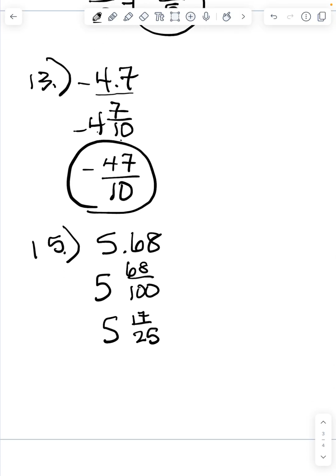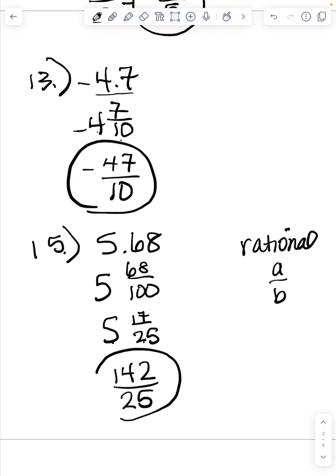Now we're going to make this into an improper fraction, because remember, a rational form is always the form a over b, as long as b is not 0, but there's no number in the front here. So we have to have an improper fraction when they ask for rational form. So we do 5 times 25, add the 17, that's going to get us 142 over 25.